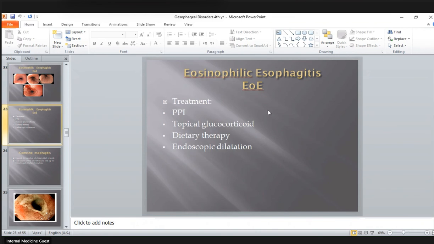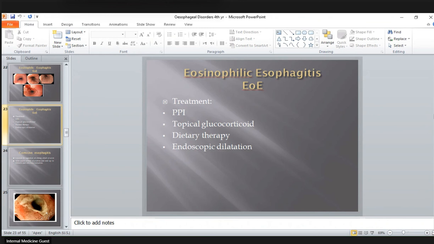Treatments. We give PPI if the patient has reflux disease, or probably I give all of them PPI. Topical glucocorticoids, the same steroids that we use for asthma, but we ask the patient not to inhale it, but to swallow it, and it helps a lot.